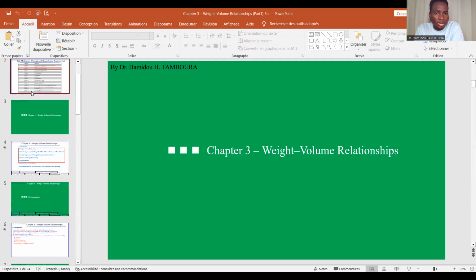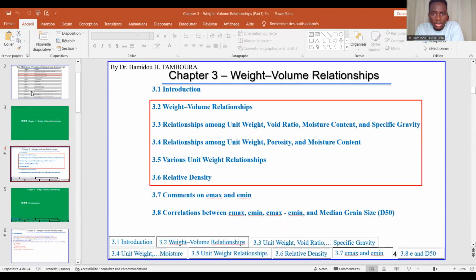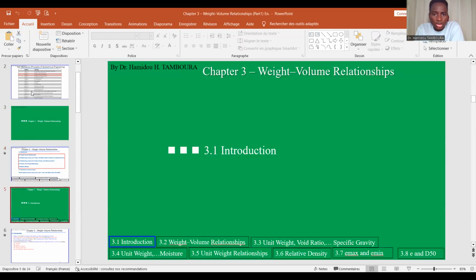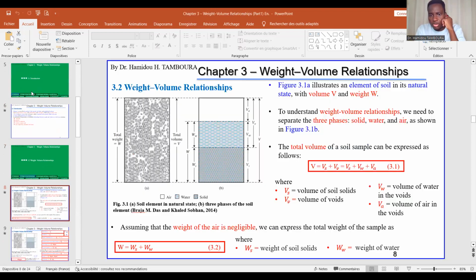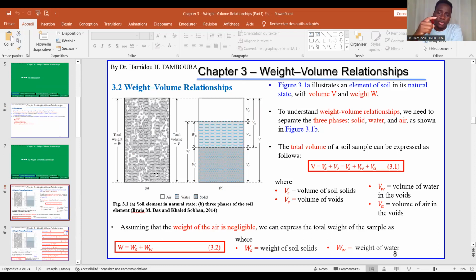Chapter 3, weight-volume relationship: we did an introduction and we talked about how we can separate the three phases of soil, because there are three phases in the soil: gas, liquid, and solid.